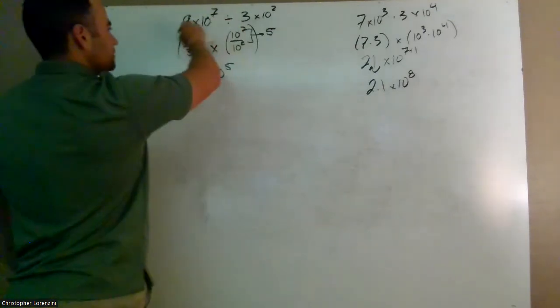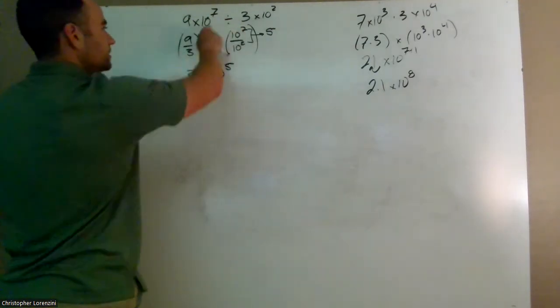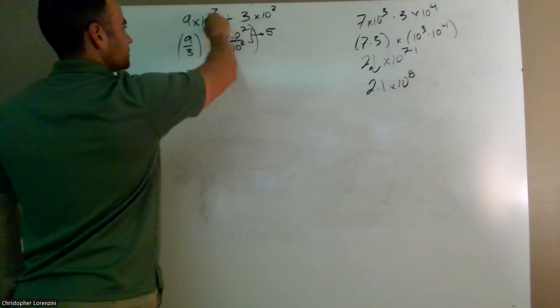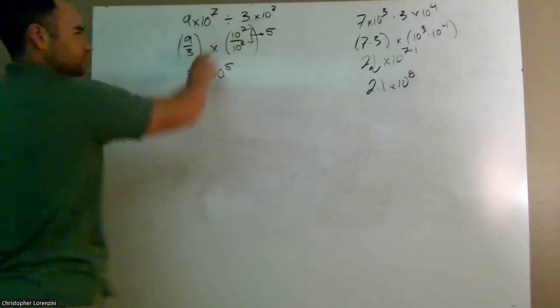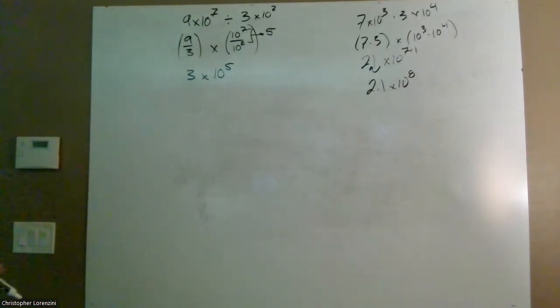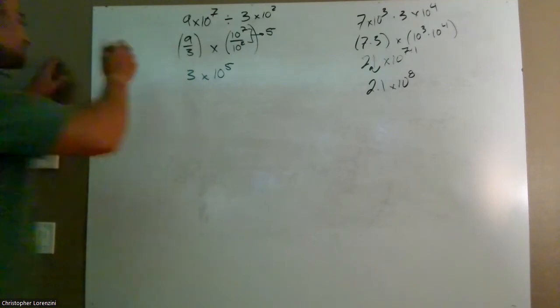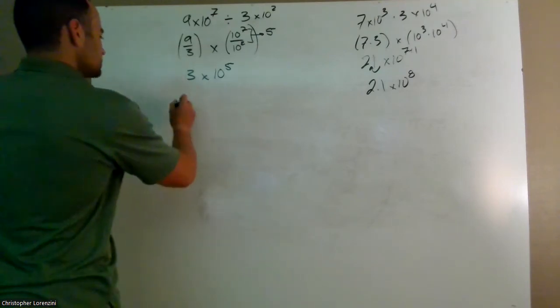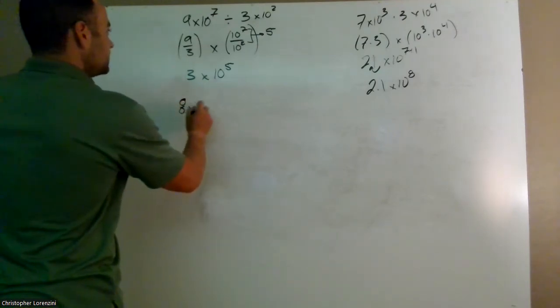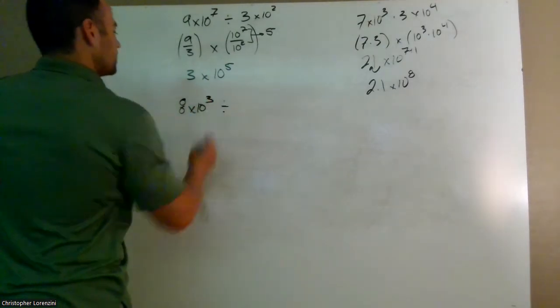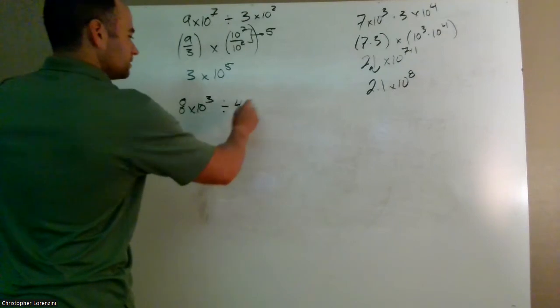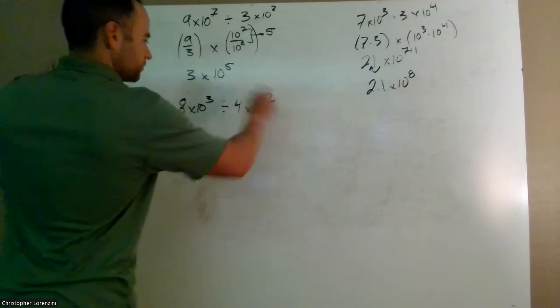Take these A values out front, divide them. Take these right here, divide them, 10 to the 7th over 10 to the 2nd. And then I just rewrite this in scientific notation. So that's how we go about it. Sometimes we might get 8 times 10 to the 3rd, and we want to divide it by 4 times 10 to the 12th.